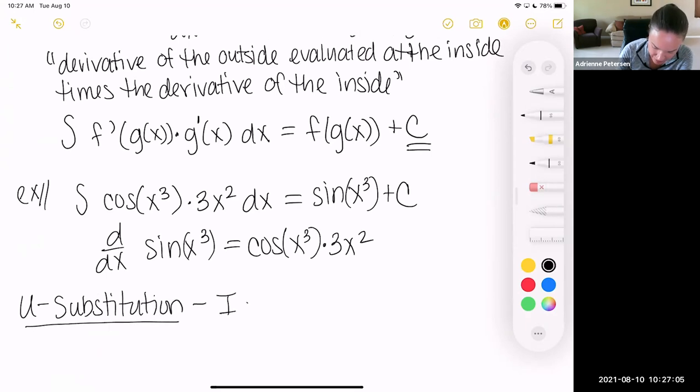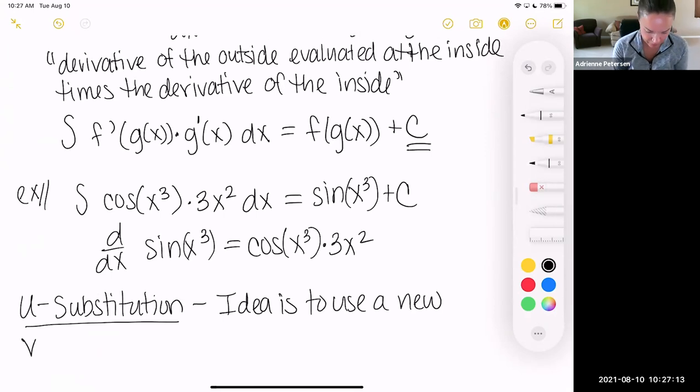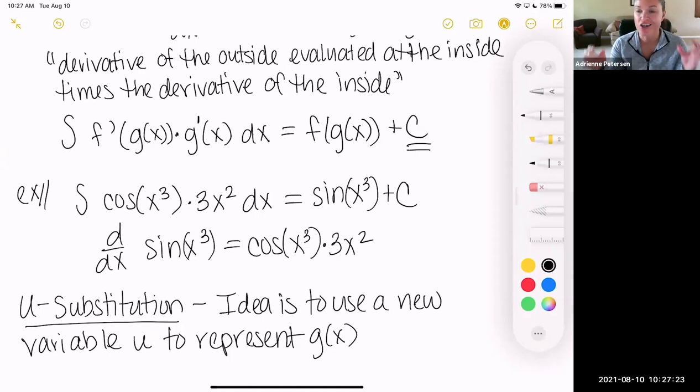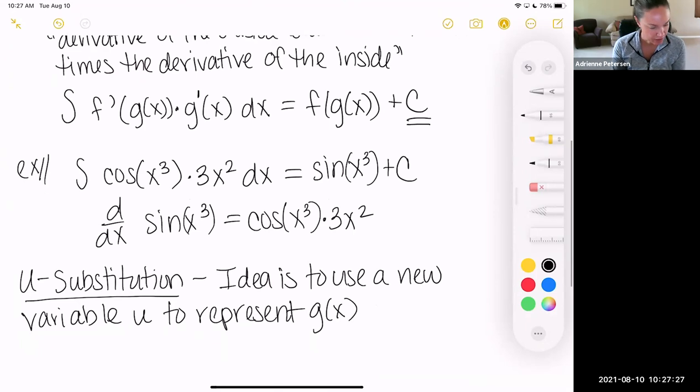The idea is to use a new variable, u, to represent g of x. G of x is our inside function, right, in this chain rule notation.